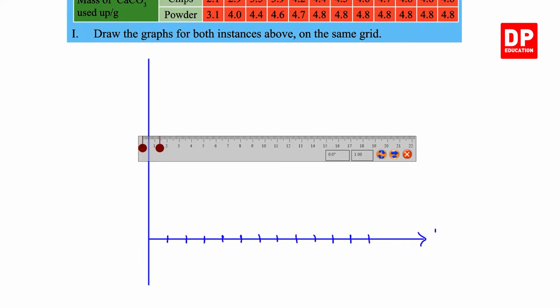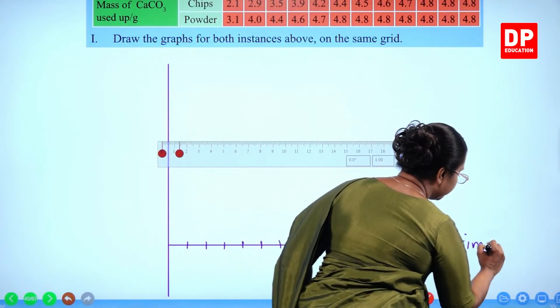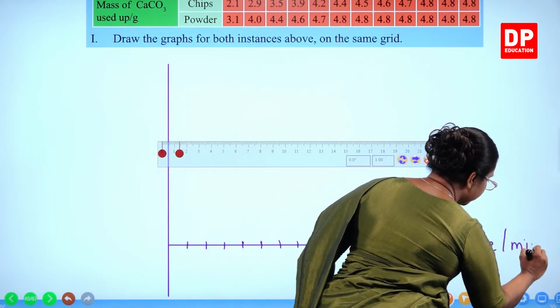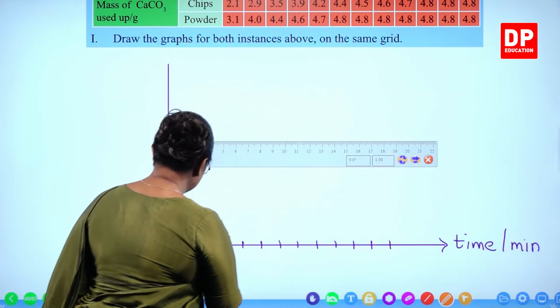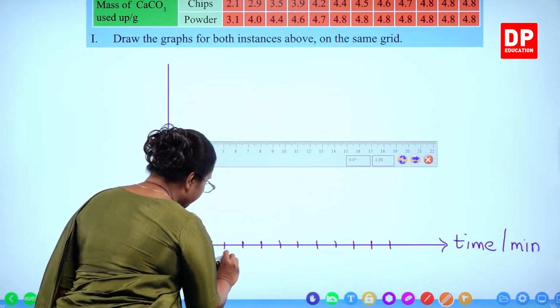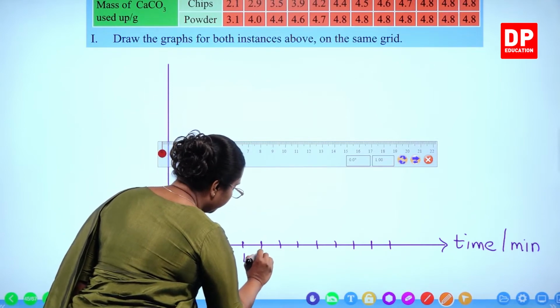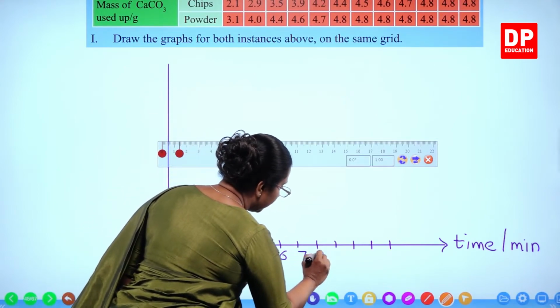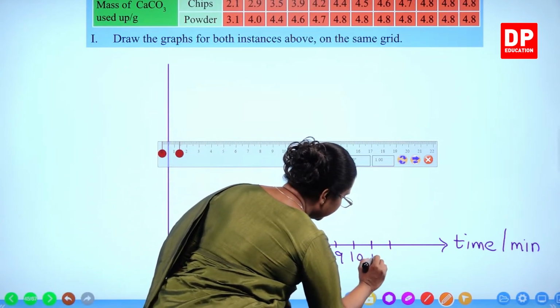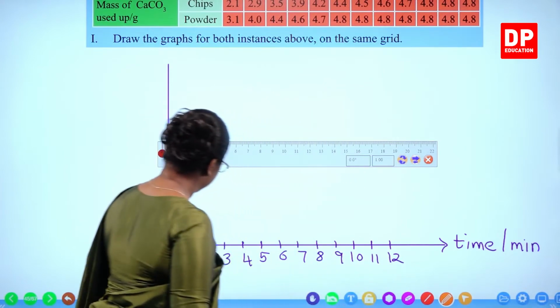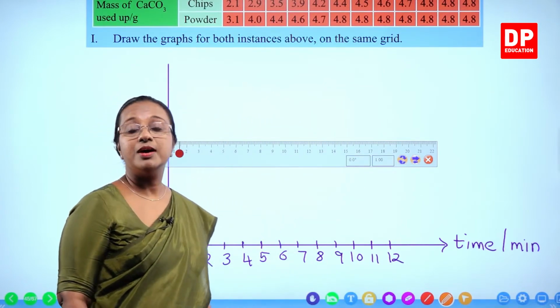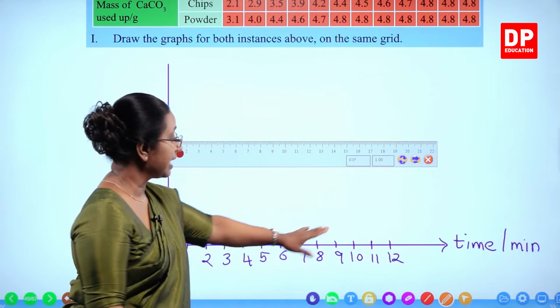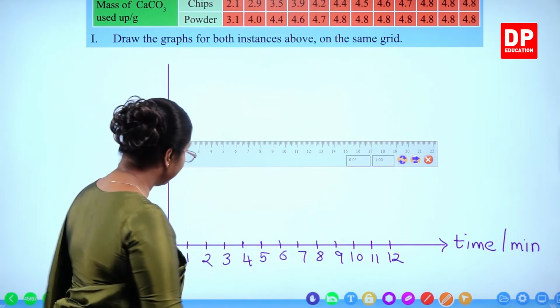So here it is going to be time in minutes. And then if we mark the values 1, 2, 3, 4, 5, 6, 7, 8, 9, 10, 11, 12. So that is how I have calibrated the x-axis, that is the time axis in minutes.